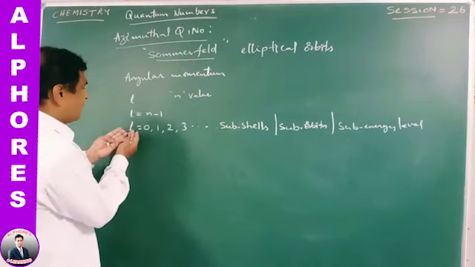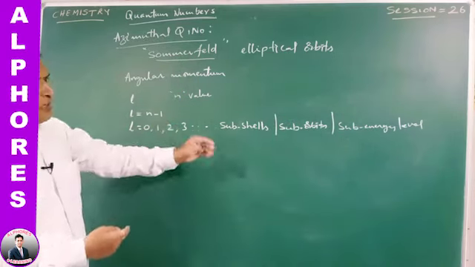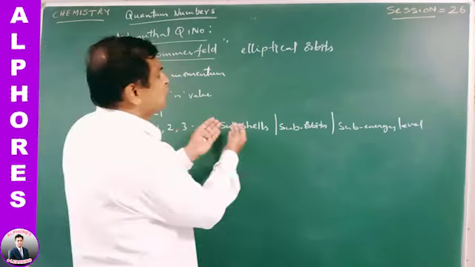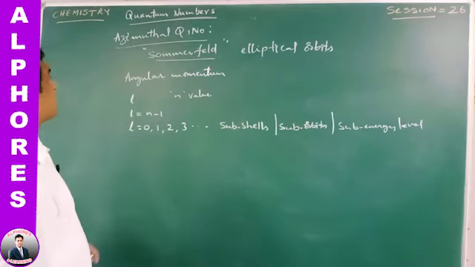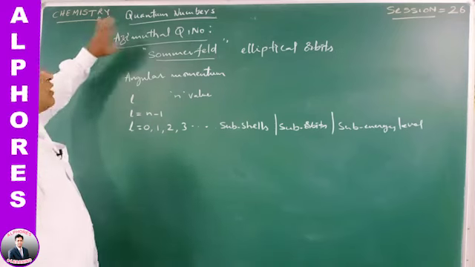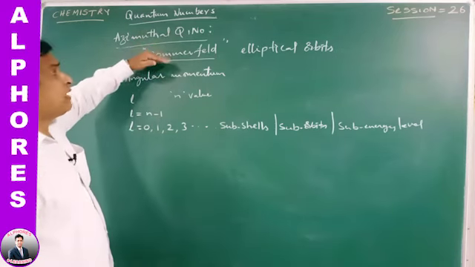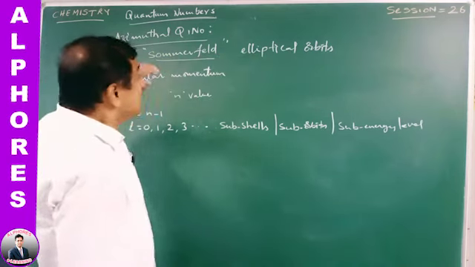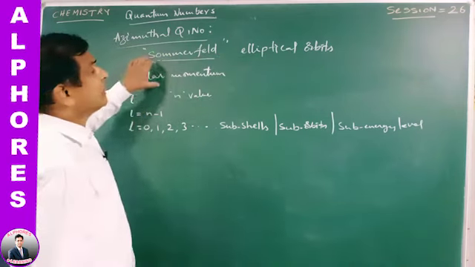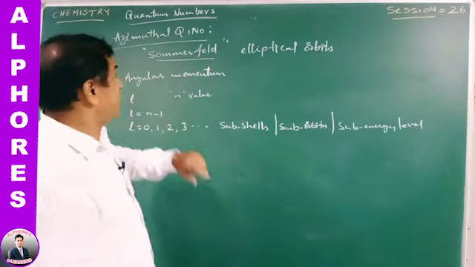These values L equals 0, 1, 2, 3 represent various subshells. Once again, the azimuthal quantum number was explained by Sommerfeld by introducing elliptical orbits, explaining the angular momentum of the electron.